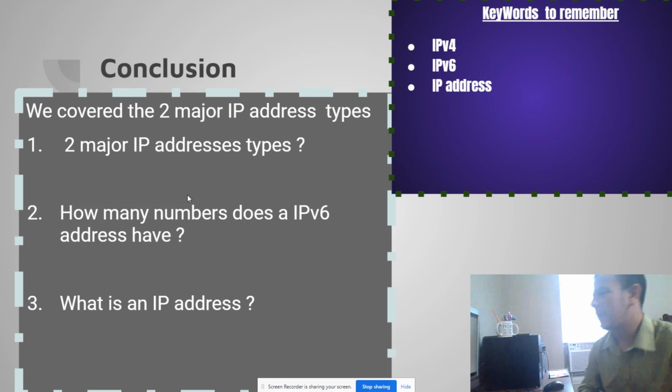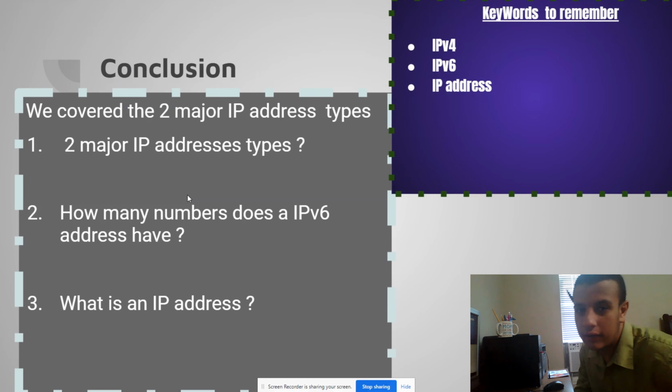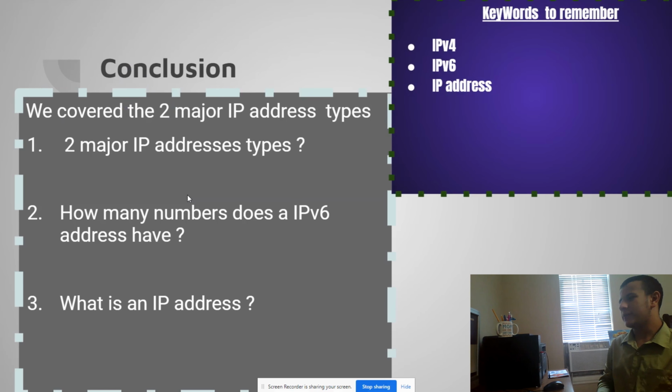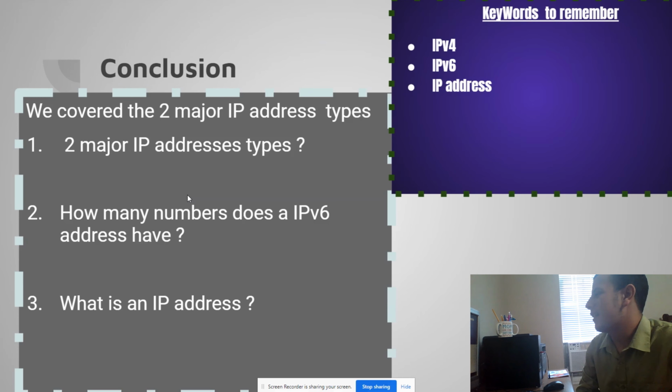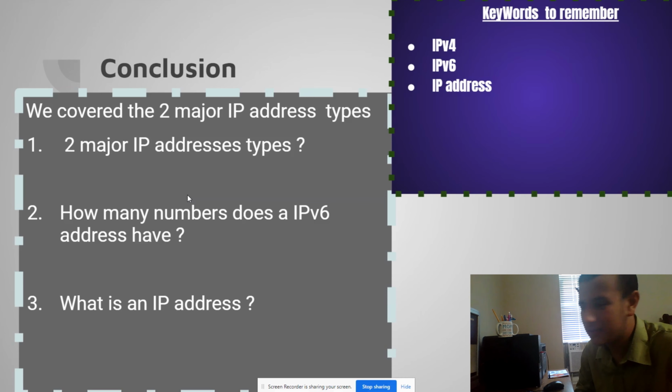Conclusion now. In this lesson, we have covered the 2 major types of IP addresses. Pause the video and see if you can answer some of these questions. What are the 2 major IP address types? Go ahead and pause the video. Alright, you done? Cool.